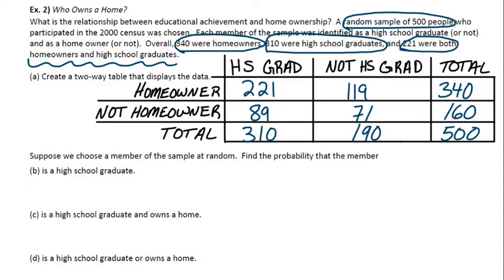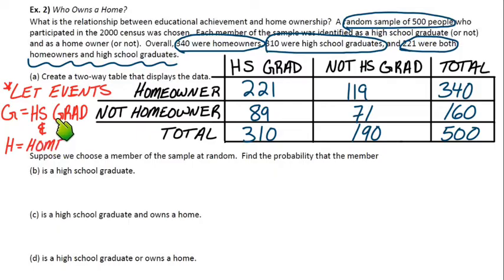And then going forward, so we don't have to write all these words out each time we use the probability notation, let's define our events. So how about event G means you're a high school grad, and H means you're a homeowner. So we're going to randomly choose a member of this sample.